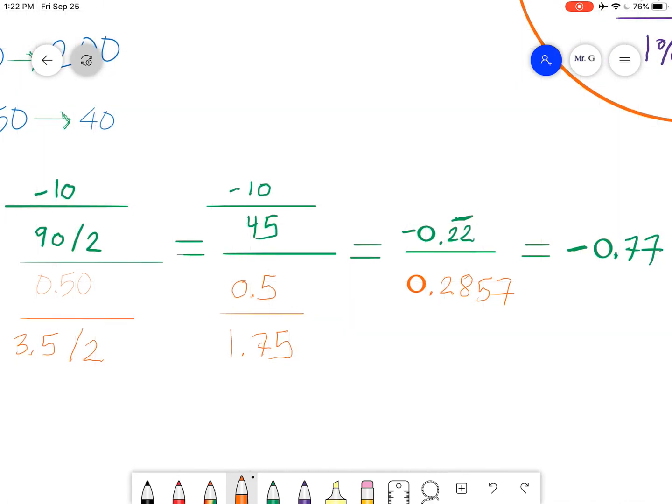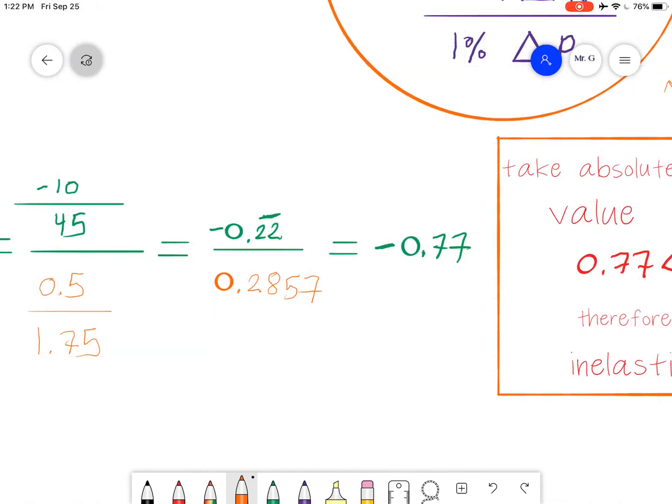And then we start dividing it. So we do minus 10 divided by 45. We come up with 0.2222 repeating. On the bottom, we do 0.5 divided by 1.75, and we have 0.2857. Divide those again. We will come up with a negative number, and our final number is 0.77.